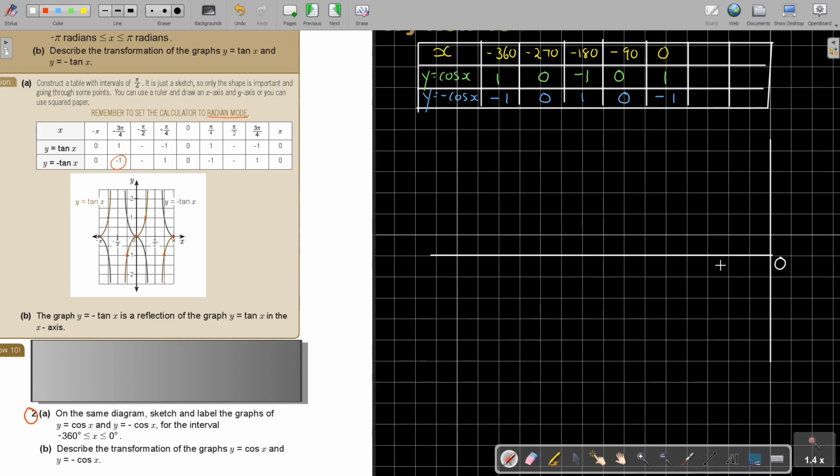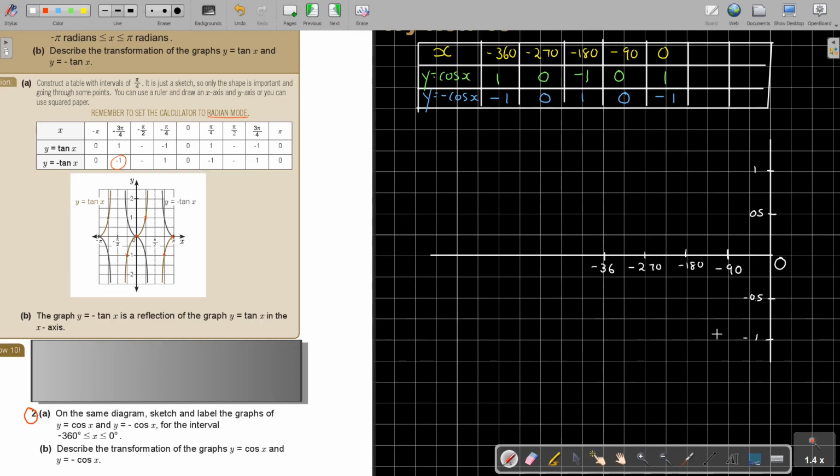Then negative 90, 2 blocks, and 2 blocks, it's negative 180. 2 blocks, it's negative 270. 2 blocks, it's negative 360. And now, don't forget, I have 0.5 and 1, and I have negative 0.5, and negative 1.